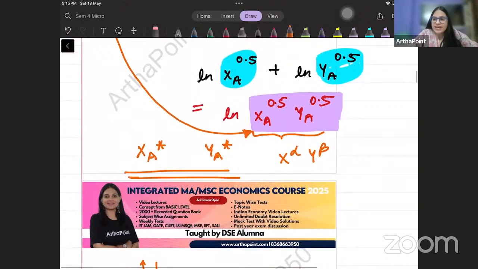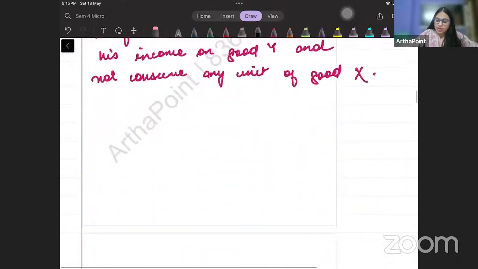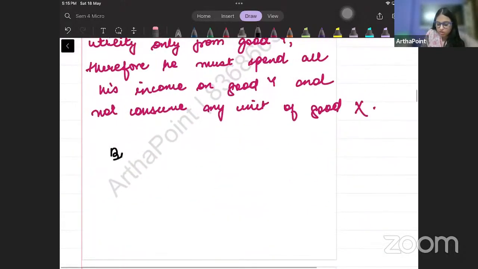So he will consume both good X and good Y. तो A will consume both good X and good Y. A दोनों ही consume करेगा. But B will go ahead and consume only good Y. समझे बात को?